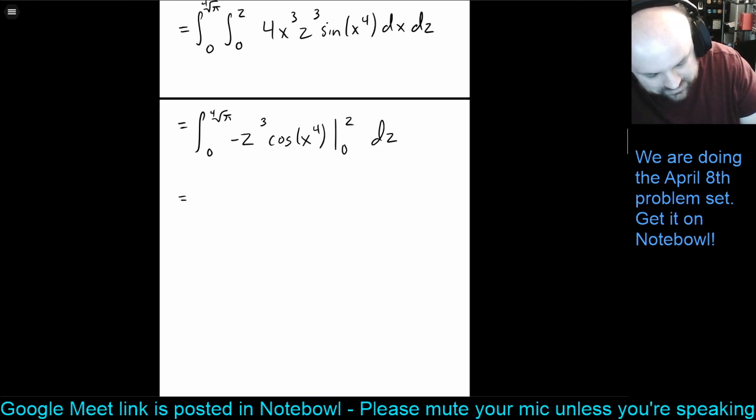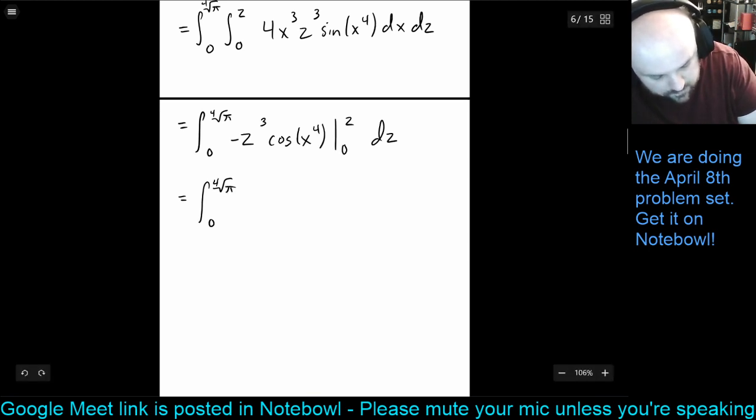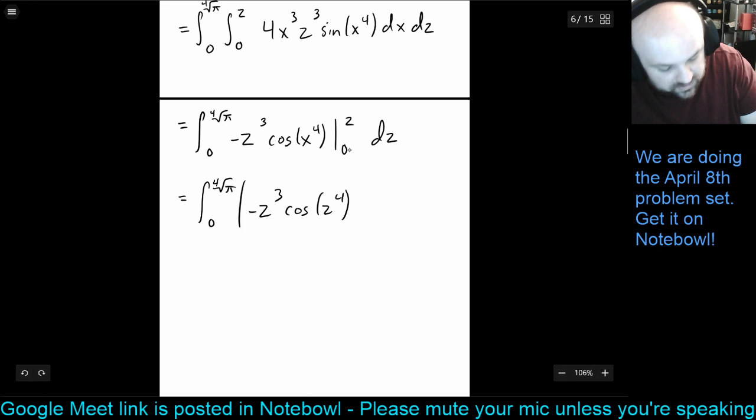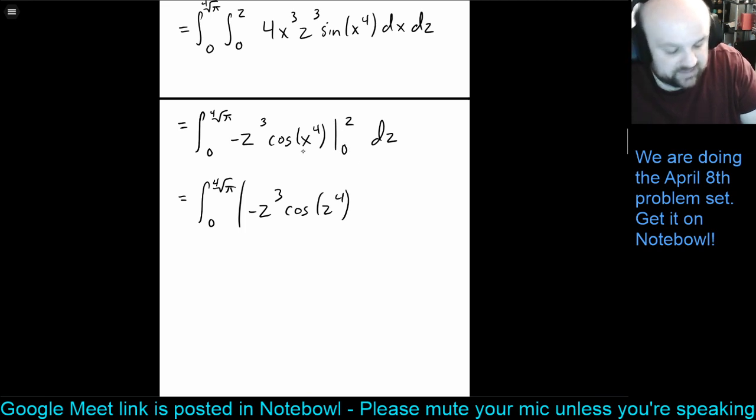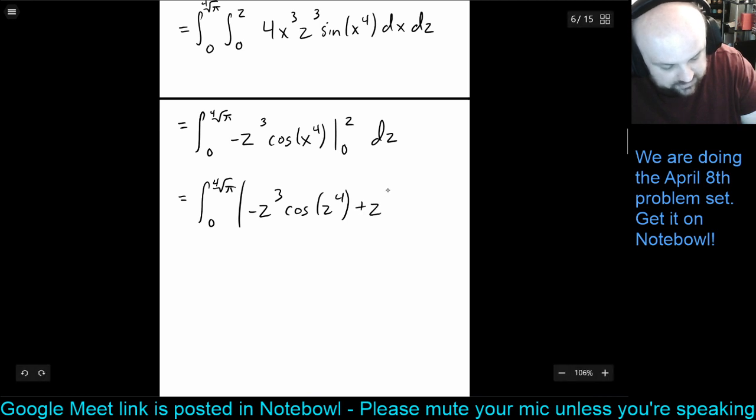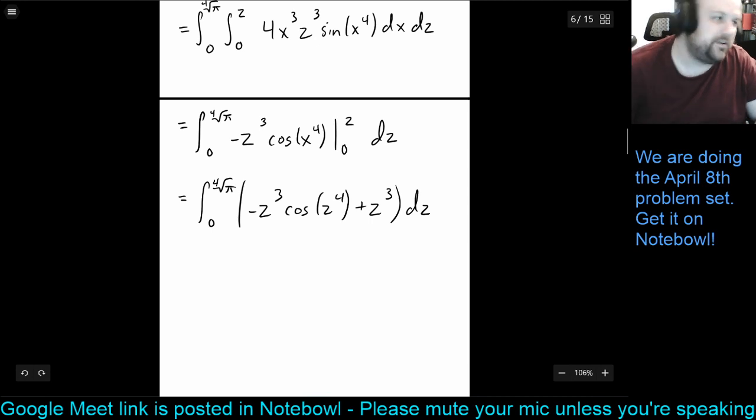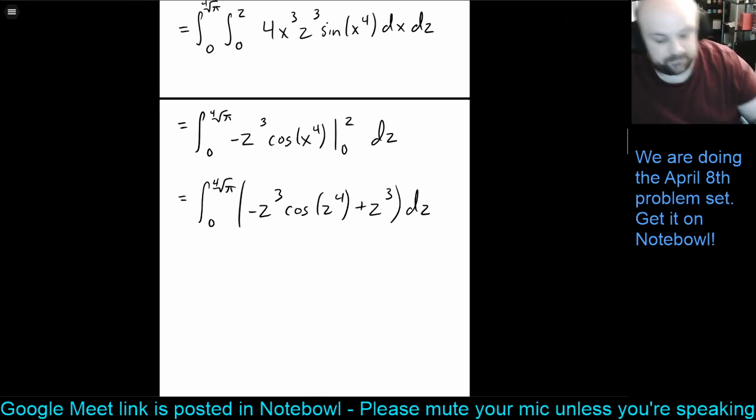All right, so let's plug this stuff in. 0, fourth root of pi. Plug in z, so we get negative z cubed, cosine of z to the fourth. Plug in 0, cosine of 0 is 1, so this is just going to be plus z to the third, dz. All right. And now we can compute this integral.